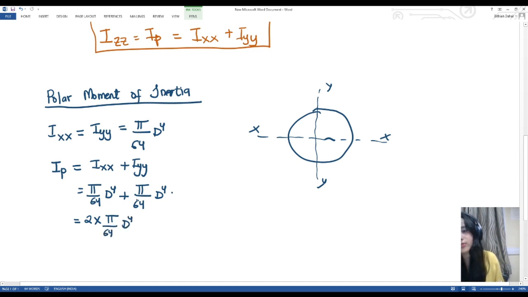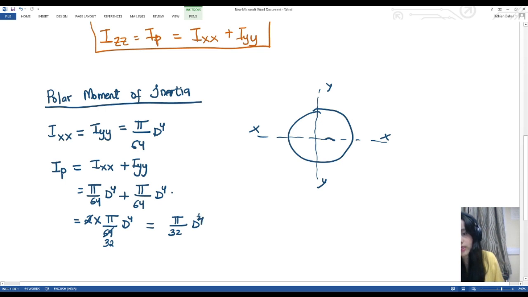You can also find the LCM and add, but I'm doing it in a simple manner. 2 into 32 is 64, so finally I have pi by 32 d raised to power 4.